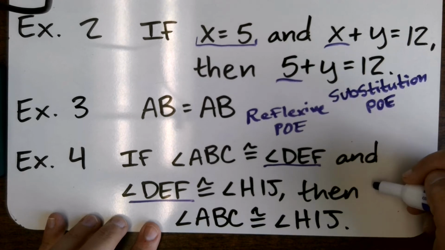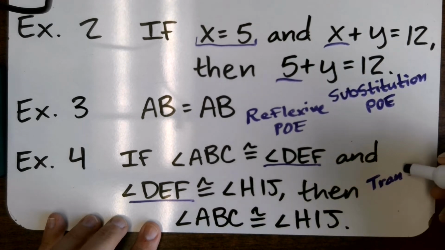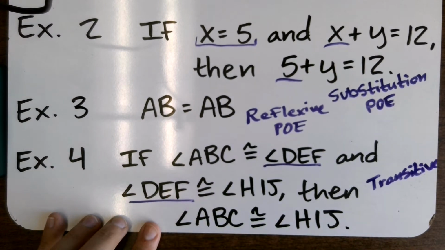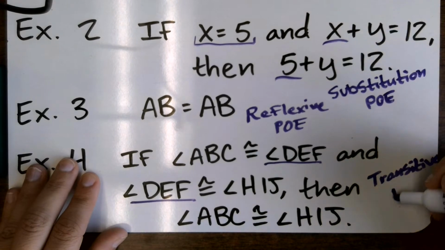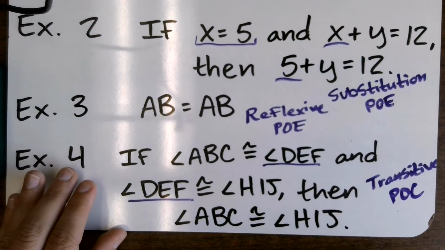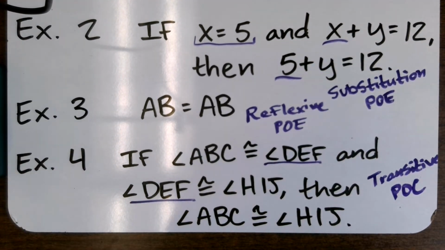So this is the transitive. And since we are using congruent symbols and talking about the angles themselves and not the measures, this is a property of congruence. So transitive POC.